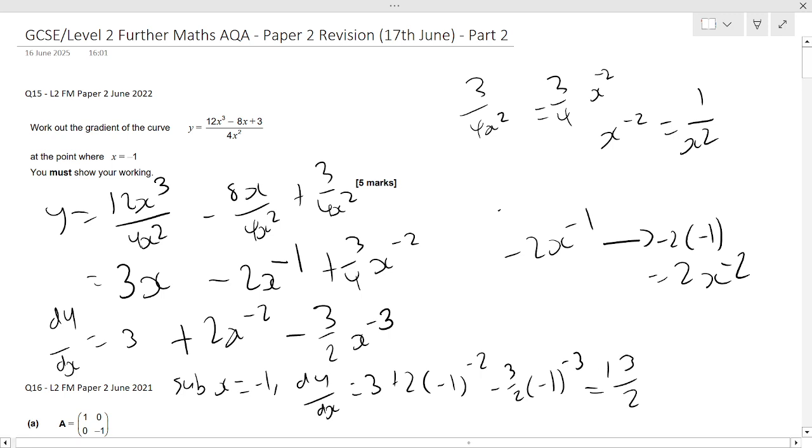There we are. Cool. And see, that's the beauty of it. We can get an accurate, actual answer, 13 over 2, rather than just trying to plot this curve. And some curves are really, really hard to plot. Trying to plot this curve, for example, would probably be a nightmare.